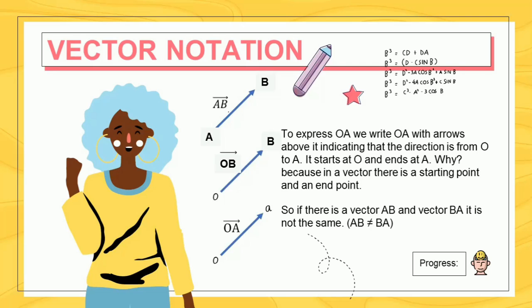It can also be AB with an arrow above it, as well as OB. So vector AB and vector BA are not the same. Why? AB means from A to B, while BA means from B to A.